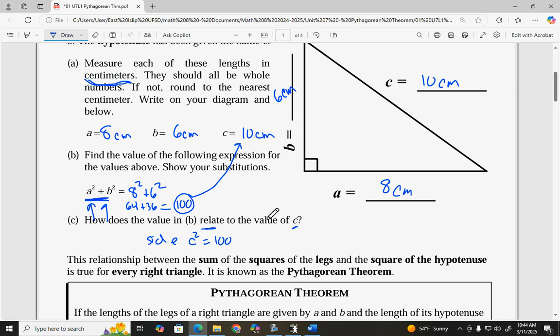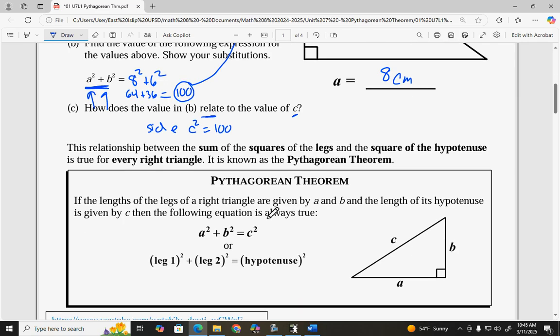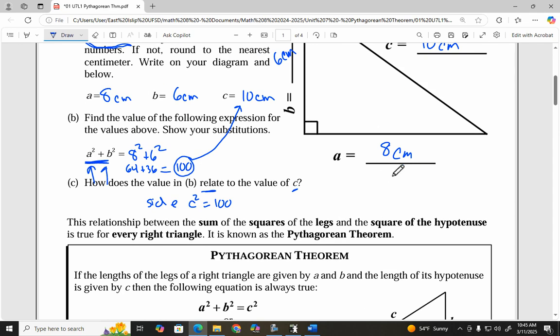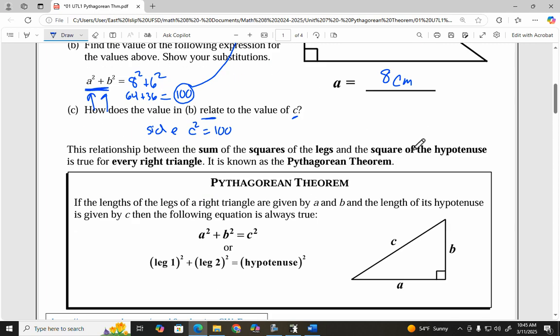There's actually proof in the Egyptian times, there's writings on tablets that they found that show that they had some knowledge of this, side A squared being added to B squared actually equals C squared. So when you add two sides of a triangle squared together, it equals the third side squared.